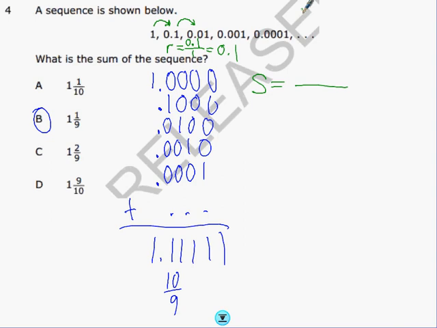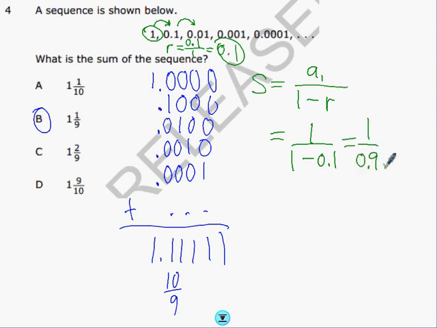The sum of an infinite series is a sub 1 divided by 1 minus r. In this case, a sub 1 is our first term, which is 1, so 1 over 1 minus r, and our r is 0.1. That's 1 over 0.9. Again, that's 10 ninths, 1 and 1/9.